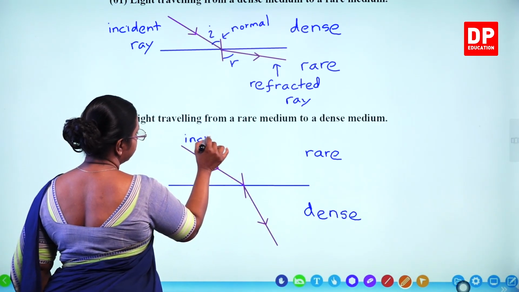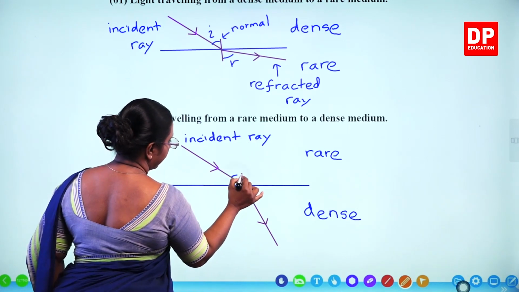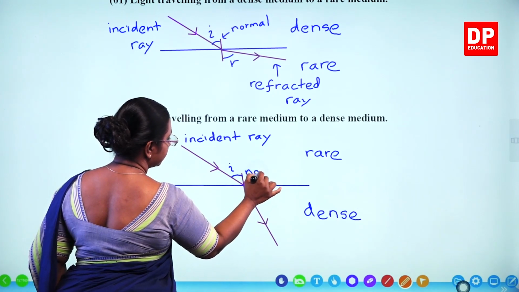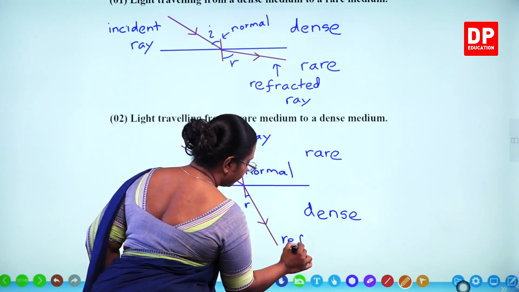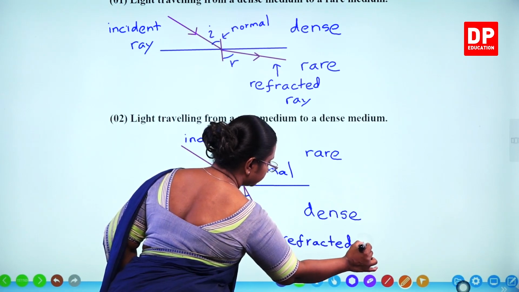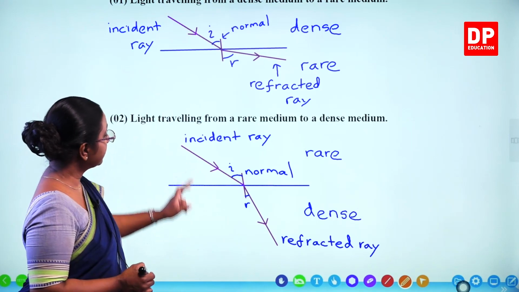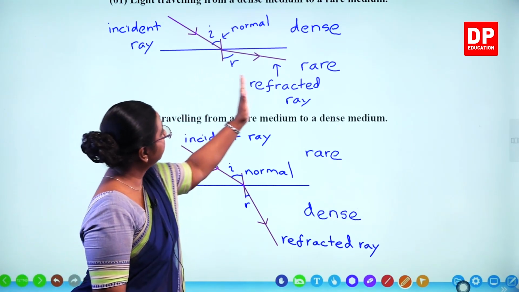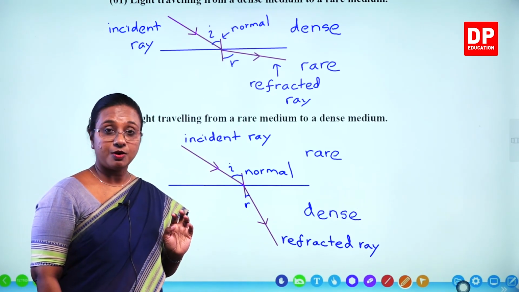So incident ray, angle of incidence, angle of refraction, this is the normal, and this is the refracted ray. And the angle of refraction. So you can see the difference between the two ray diagrams. Here it refracts away from the normal, here it refracts towards the normal.